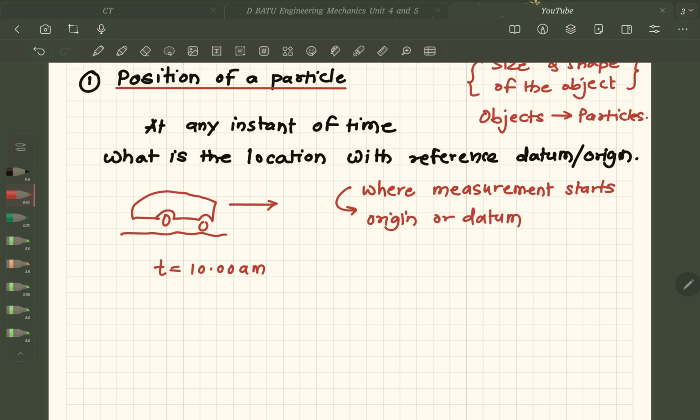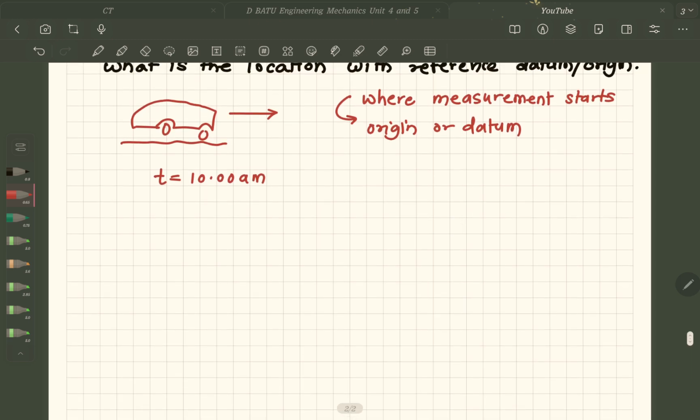So when I say the car is at a particular location at 10 a.m., I am now rewriting this car as a particle, so I am not interested in the size and shape. This car is at point A at t equals 10 a.m. Now suppose this car is traveling with a certain velocity in this direction and reaches a particular point B at time t equals 10:30.